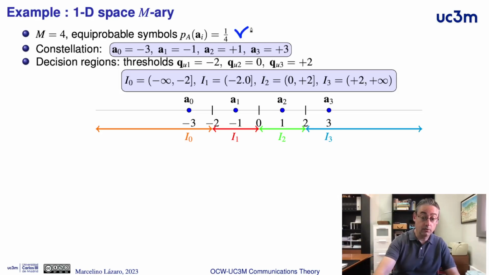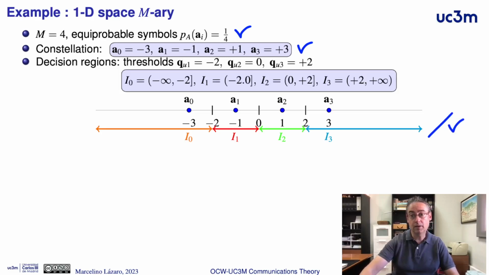A 4-ASK constellation of 4 equiprobable symbols, and the vectors representing these symbols are -3, -1, +1, and +3, respectively for A0, A1, A2, and A3. With equiprobable symbols, the decision regions are obtained by means of the minimum Euclidean distance design criterion.